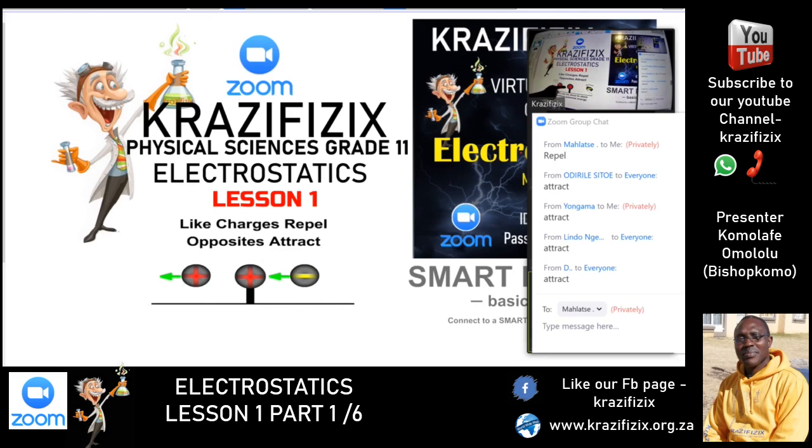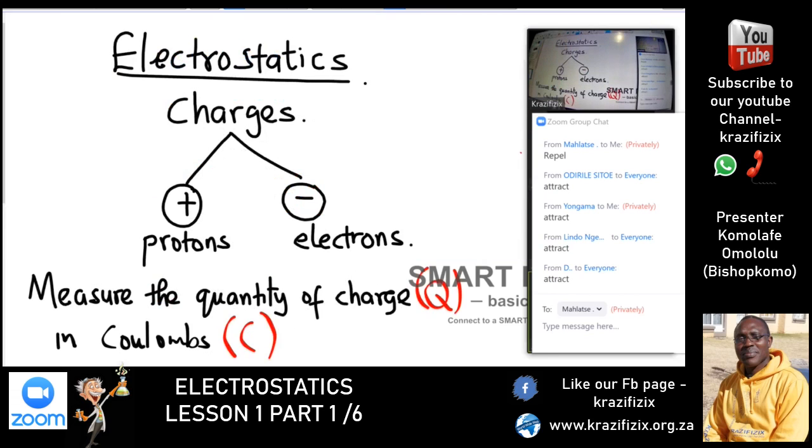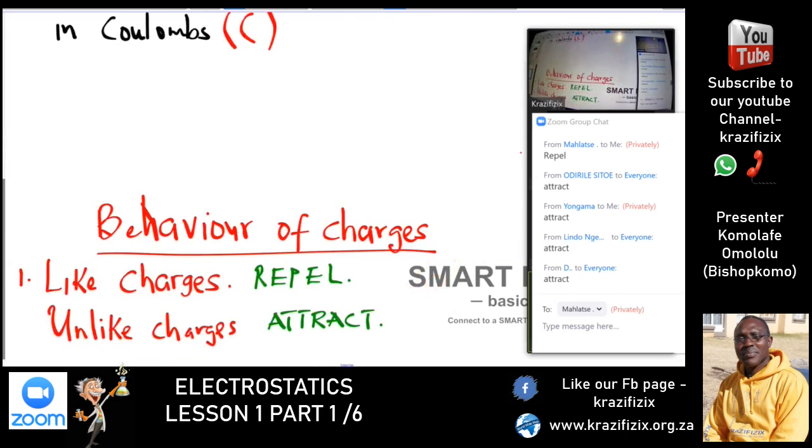So like charges, positive and positive, will do what? Repel, pushes the other one away. But a positive and a negative will do what? Will attract. I hope that makes sense. Behavior of charges. That's number one.